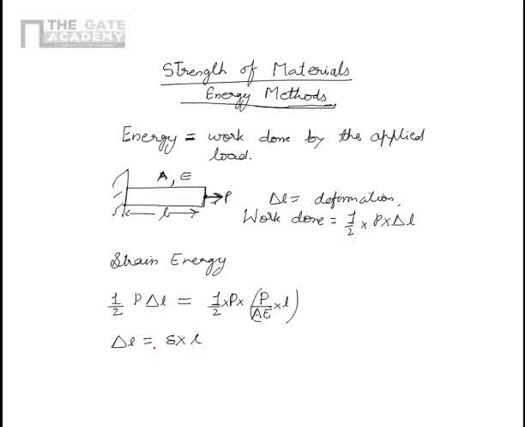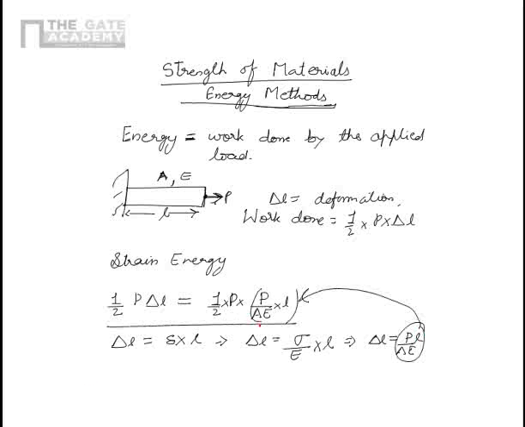By definition, strain is the ratio of the deformation to the original length, and strain is nothing but the stress upon E. So delta L is equal to stress upon E multiplied by L. Now stress is nothing but P upon A. So delta L will be equal to P upon AE into L. So I substitute this value here and I get this formula.